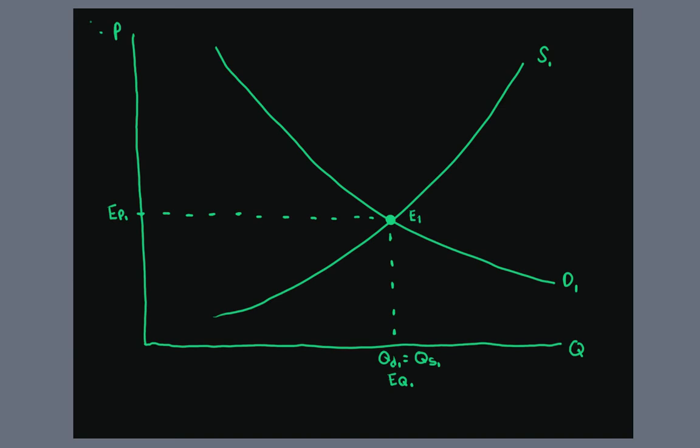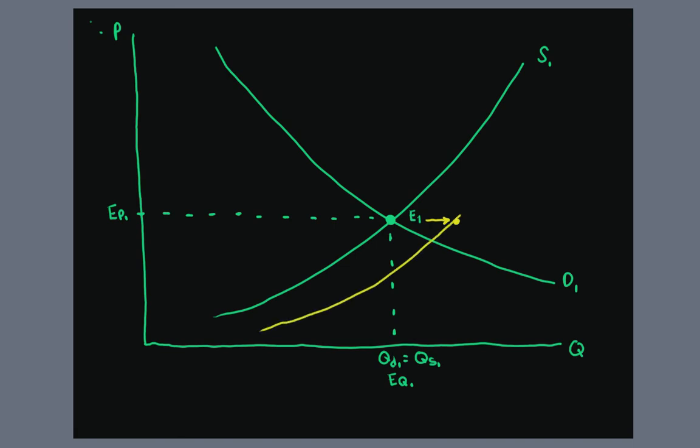At this moment, this initial shift, supply is no longer where it used to be with the original equilibrium point. So I'm actually going to come down to the x-axis and cross out the quantity supplied being where it used to be. And now we only have quantity demanded. And we also don't even have an equilibrium point at that point anymore, because quantity supplied does not equal quantity demanded anymore.